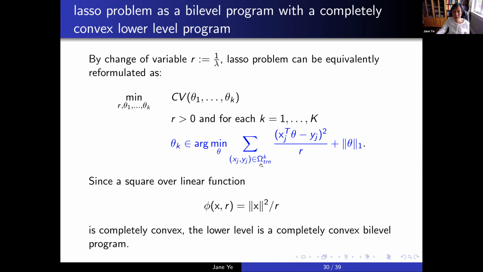But if we use a transformation, dividing the lower level by lambda, then this function is completely convex. So this lower level is a completely convex bilevel program.